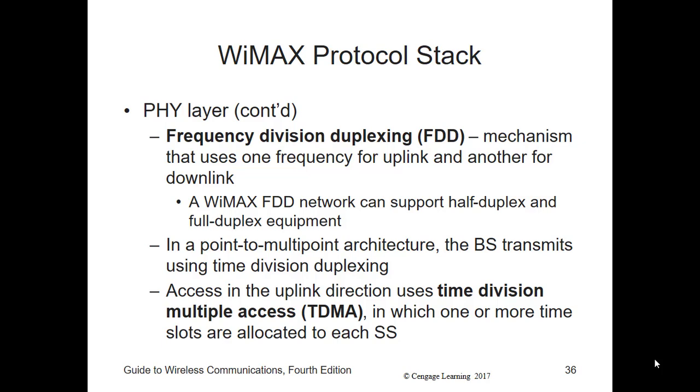When half-duplex transmitters are connected to an FDD network, the BS needs to make sure that it does not schedule time for those devices to transmit and receive simultaneously, given that these are half-duplex stations only. Access to the uplink direction from the SSs to the BS uses time division multiple access, in which one or more time slots are allocated to each SS depending on the requirements of the type of data being transmitted.